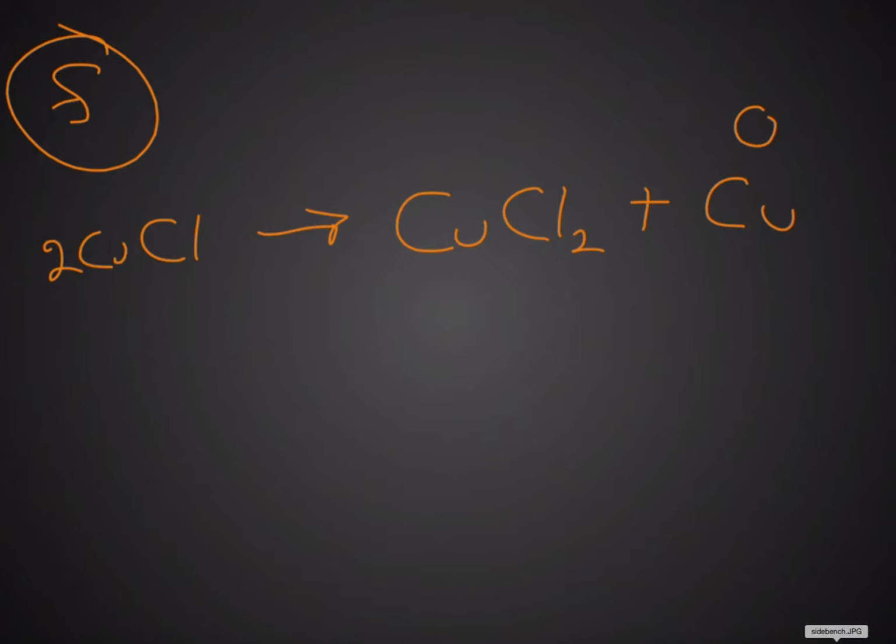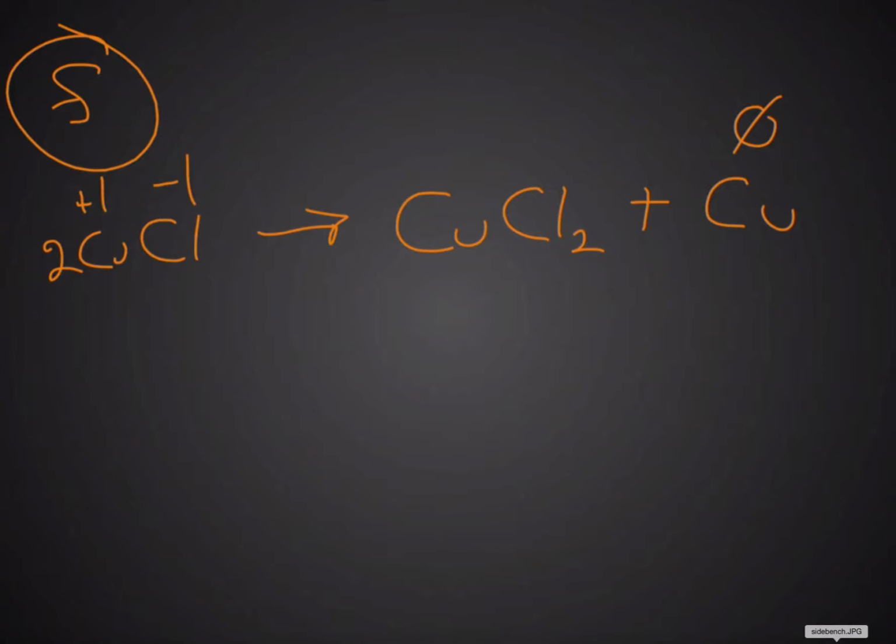We have copper chloride. It's copper 1 chloride. And it's going to produce copper 2 chloride and elemental copper. So the elemental copper is 0. This is a -1 for this chloride, which makes this a +1 for that copper.